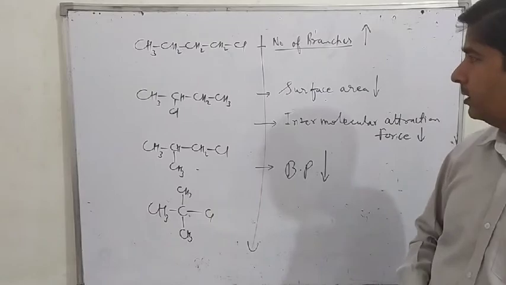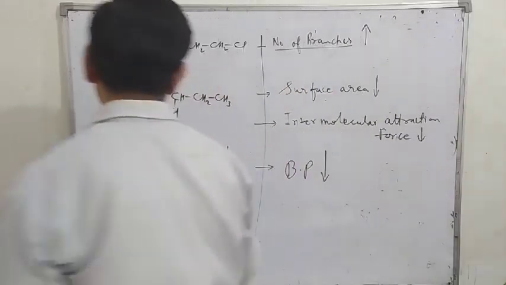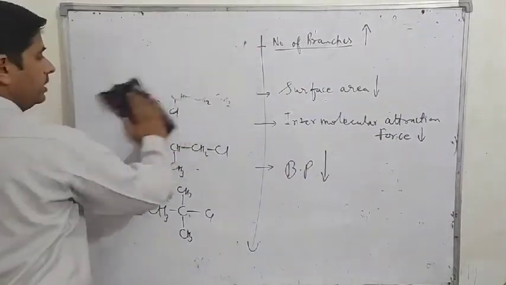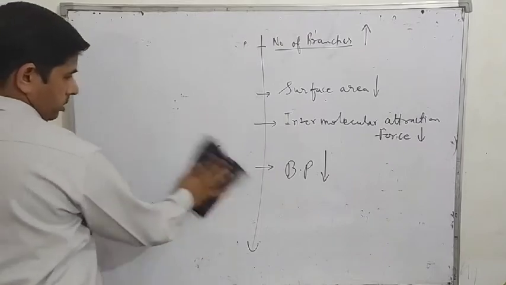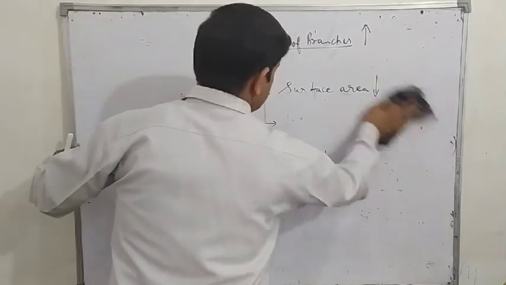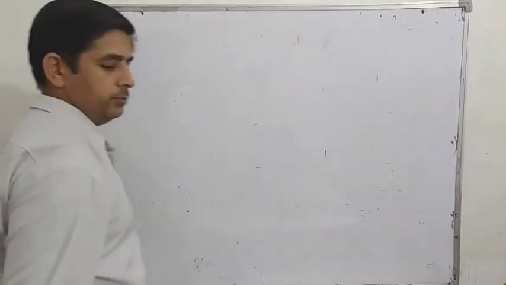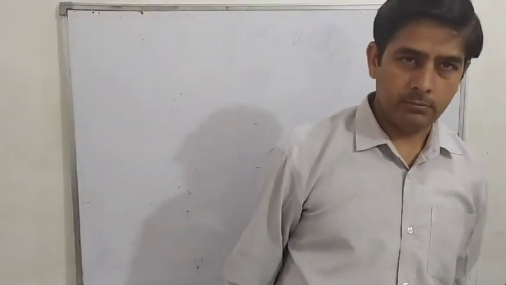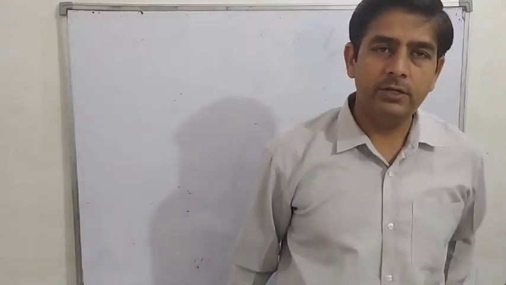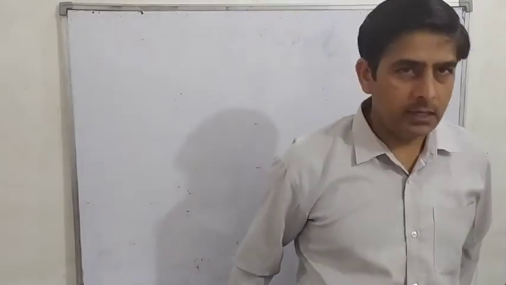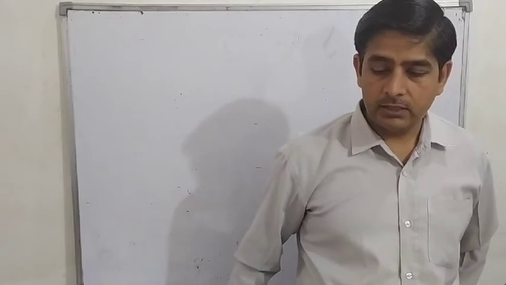Okay, so this is all about the melting point and boiling point. Except some cases, the order of melting point and boiling point remains the same in case of alkyl halides and aryl halides.